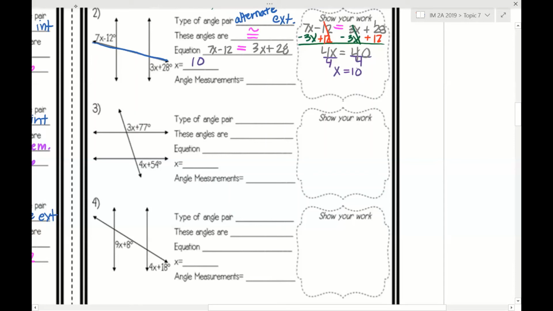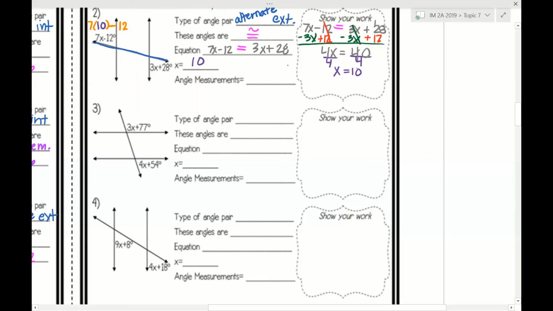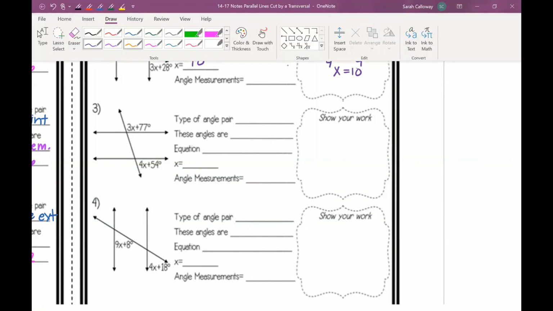And so what I want to do is take 10 and plug it into each of these angles. So if I set it 7 times 10 minus 12, that's going to give us 70 minus 12. So our angle then is 58 degrees. Okay, so 70 minus 12 is 58.